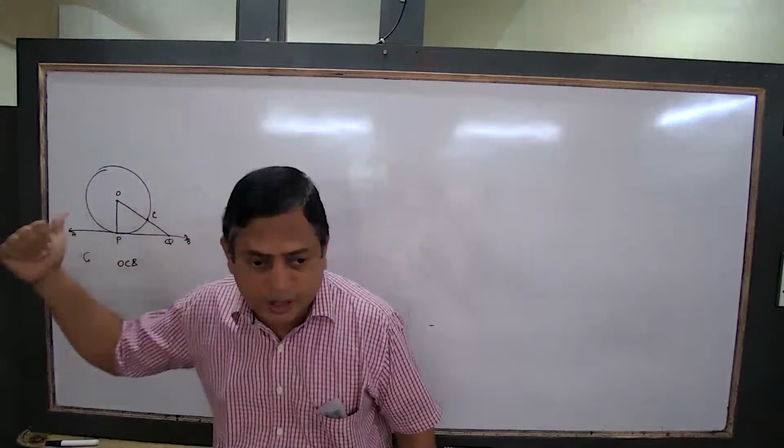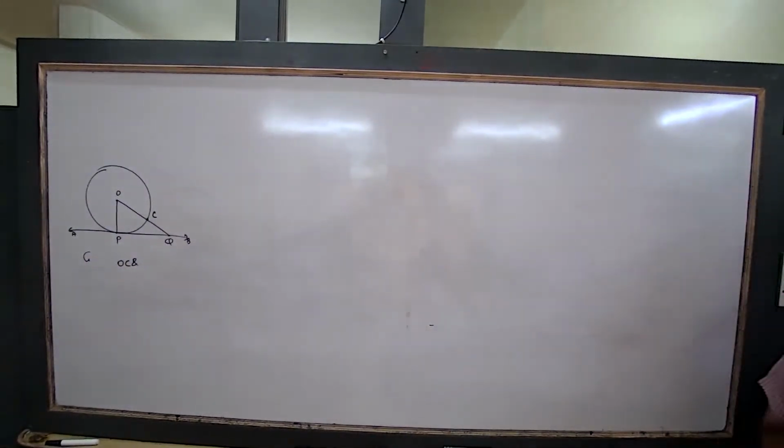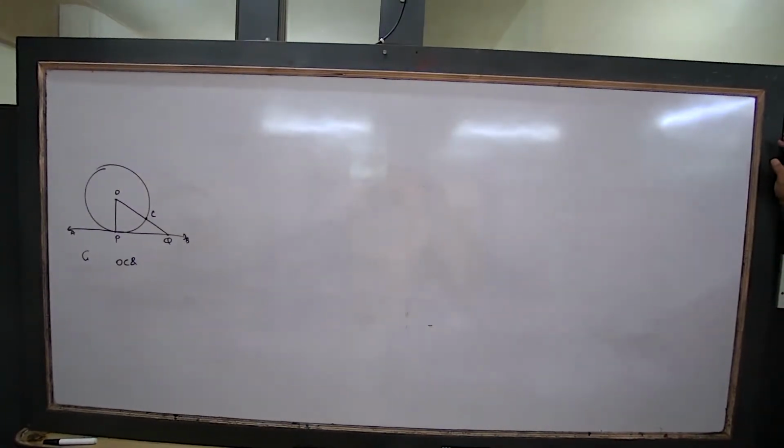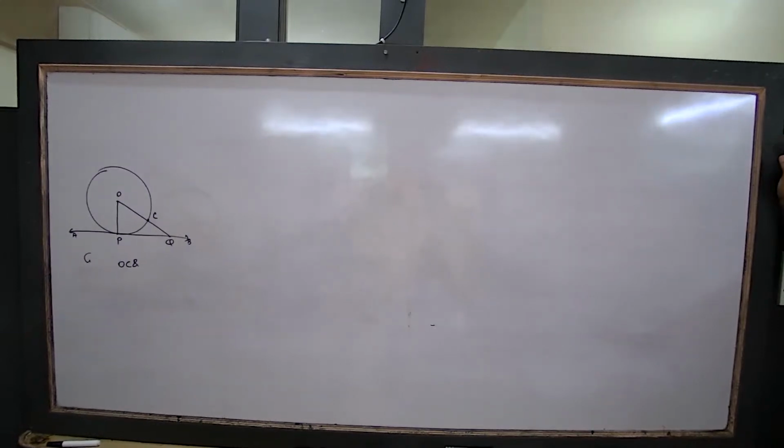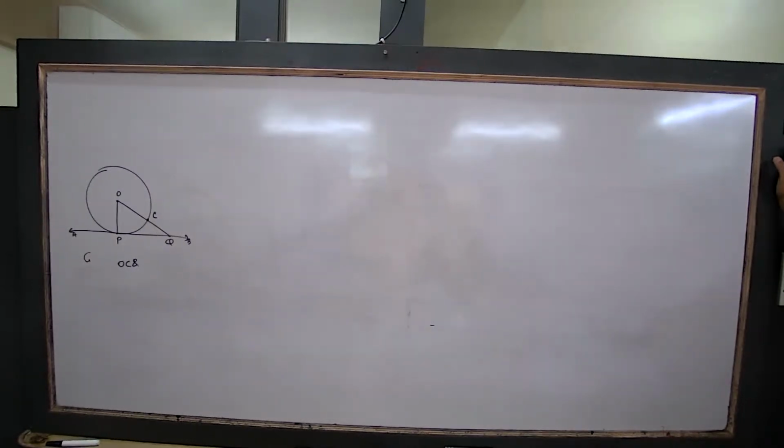Therefore, OP is perpendicular to AB. Write properly, then only you will get the mark. Every step one by one, properly you have to write. Everyone has to write the proof.